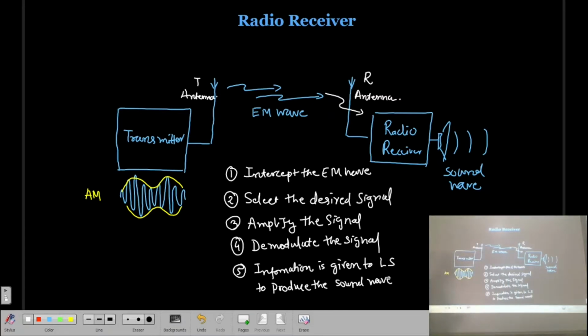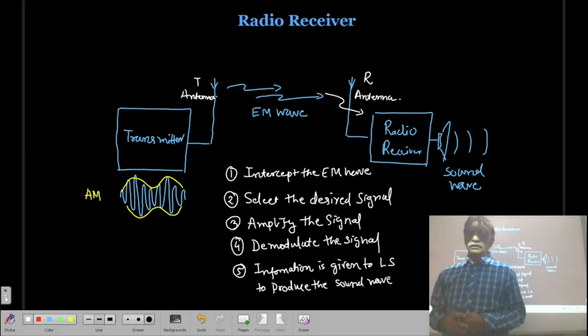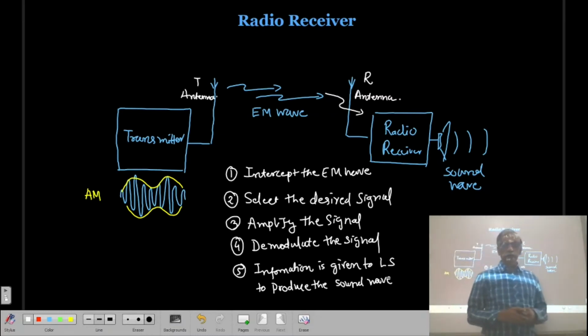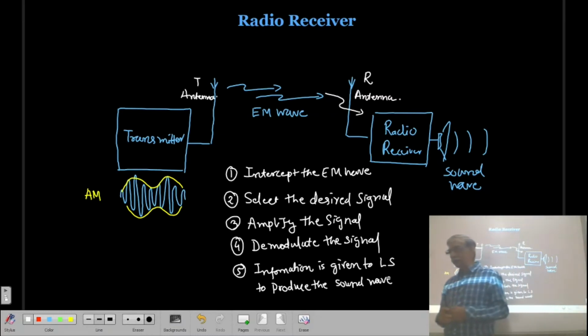Remember, these are the major functions of any kind of receiver, either an AM receiver or an FM receiver. First of all, you have to receive the signal, separate the signal, then amplify the signal, then demodulate the signal, and then it is given to a loudspeaker so that you can listen to the information in the form of sound.